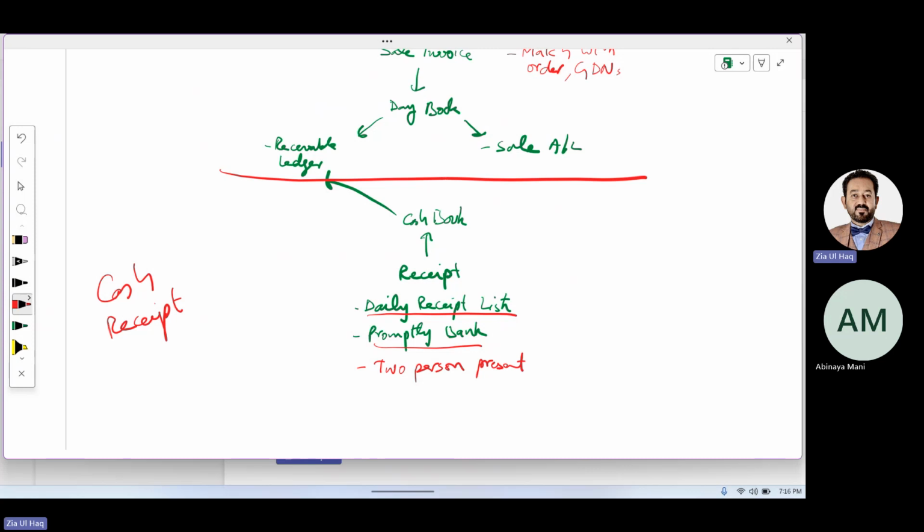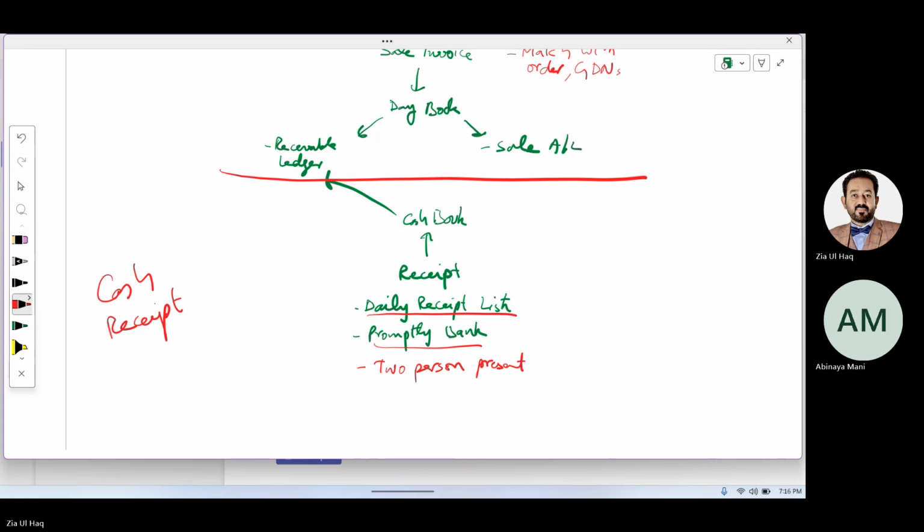Because if there is 1 person, there are chances of misuse of cash. He will put it into his pocket and will not record it in the business. If there are 2 persons, one for receiving, one for recording, there are fewer chances of misuse. Though 2 persons can collude with each other to commit fraud, there are fewer chances.